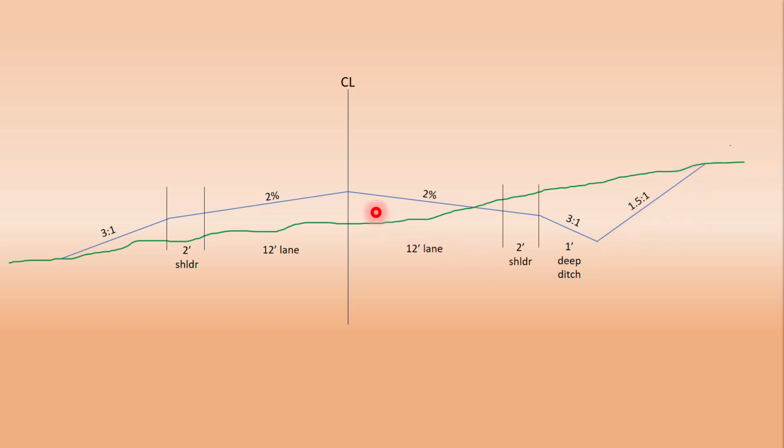It's pretty typical to have a crown, especially if it's a paved surface. 2% is kind of the minimum slope needed to shed water in a rain event or when snow is melting. You don't want that melt water during a warm-up on a winter day to pool and then freeze and turn into black ice later that night.